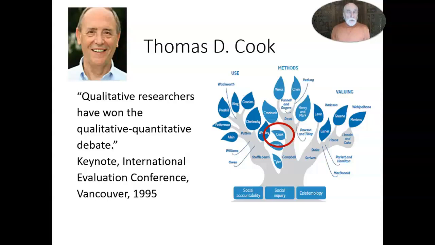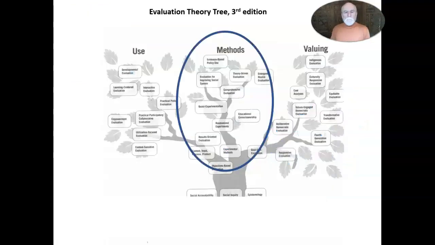He still advocated getting an attribution through quantitative experimental methods, but for evaluation in general, with the range of evaluation questions that are asked, qualitative methods had legitimacy. But qualitative and mixed methods do not appear to have legitimacy on the evaluation theory tree on the methods branch, because those approaches are absent from the theory tree.